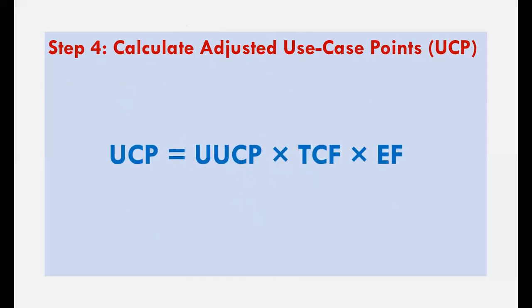Here the adjusted use case points UCP is equal to UUCP plus TCF plus EF. UUCP we calculated in step 1, TCF we calculated in step 2, EF we calculated in step 3. So all these three things after multiplying we get to step 4. So step 4 is the product of step 1 into step 2 into step 3.